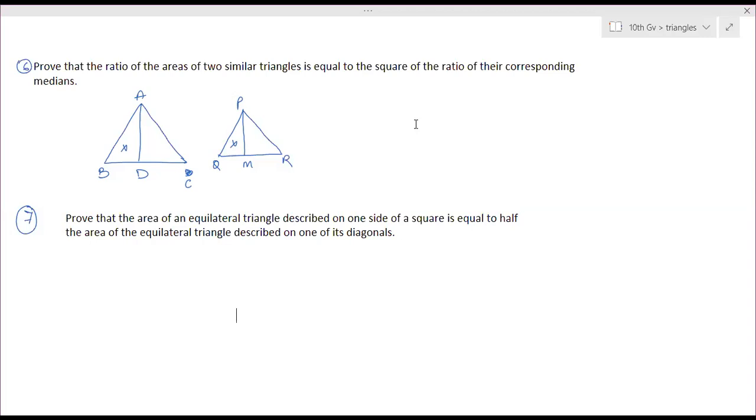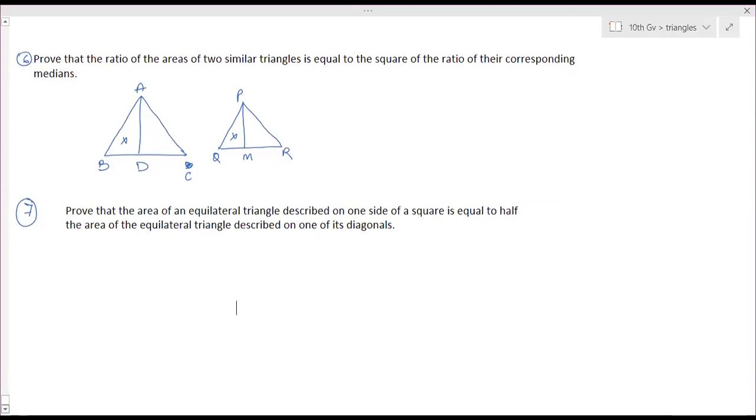Okay. Ma'am, the word described here means embedded, right? Present. Okay.